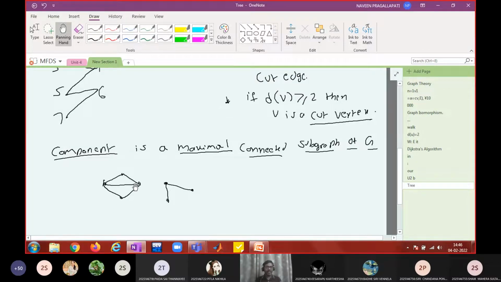This is a maximal connected subgraph of the whole graph, and this is another maximal connected subgraph. Therefore, this is one component, this is another component. So a component is the maximal connected subgraph. And cut vertices and cut edges will increase the number of components if I remove them.